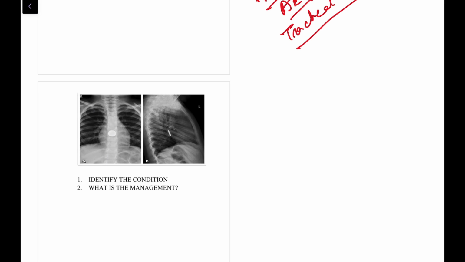Now coming to the next X-rays, as you can see, both the anteroposterior view and the lateral view of the neck and the chest and the upper part of the abdomen can be seen. And since the radio-opaque foreign body is closer to the vertebral column here, this is a foreign body in esophagus.